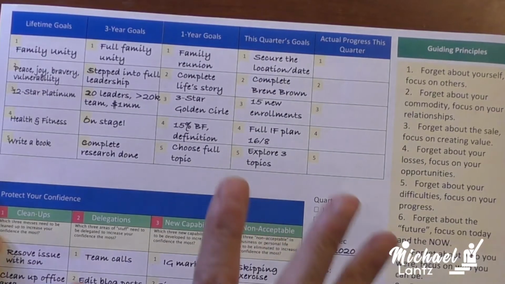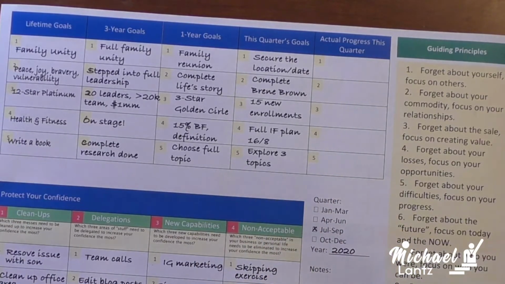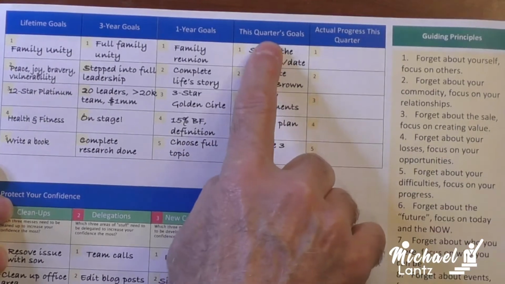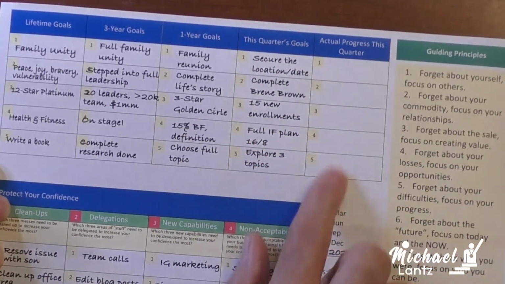These are a quarterly form that you do at the beginning of each quarter, and you just keep them in your day planner or somewhere else where they're readily available. Readily means daily. You want to look at these. And then over here, so you got your this quarter goals, and then you have actual progress.